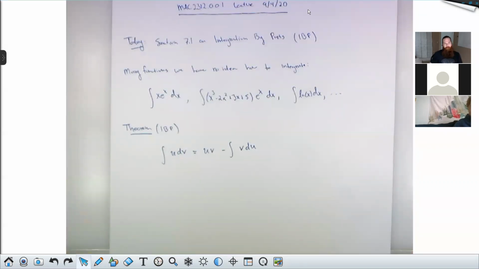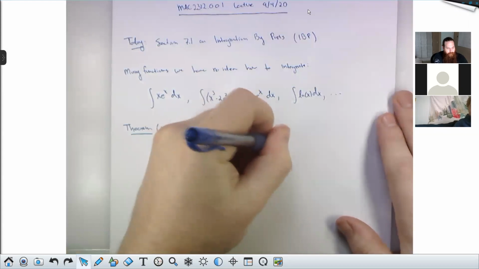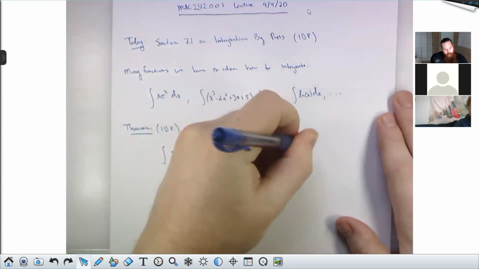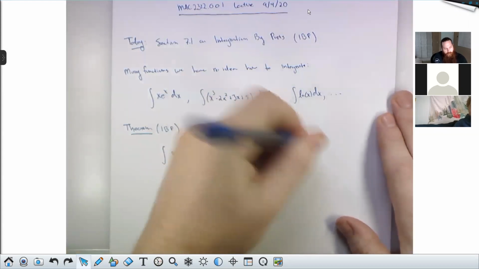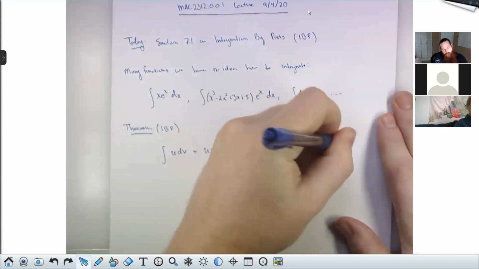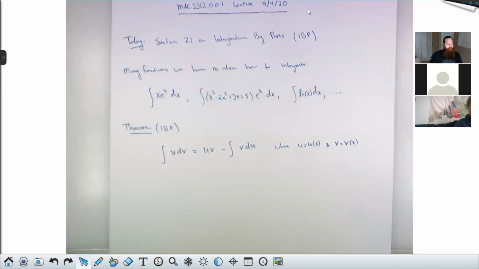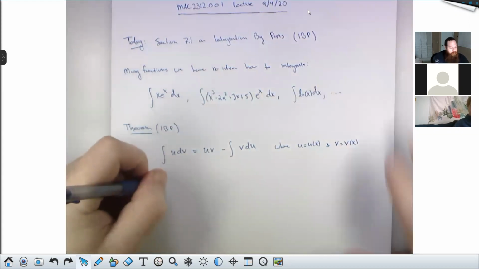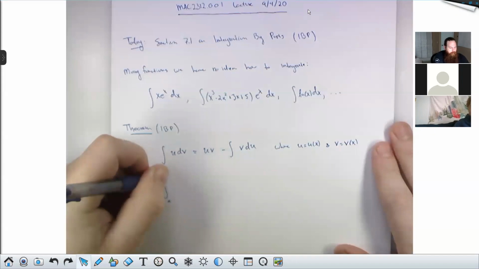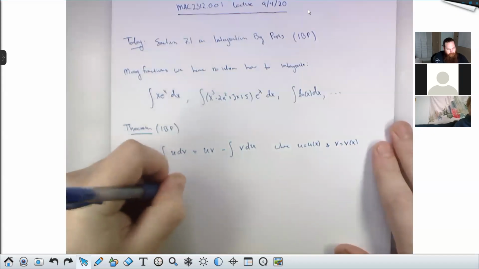this. Here u and v are functions, usually of the variable x. The other way you can write this is for definite integrals. It doesn't change a whole lot.